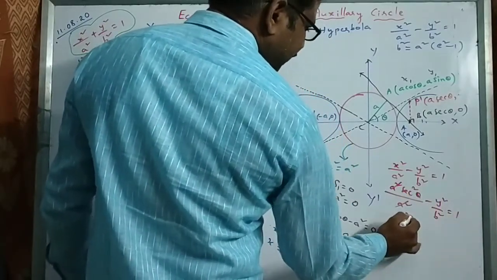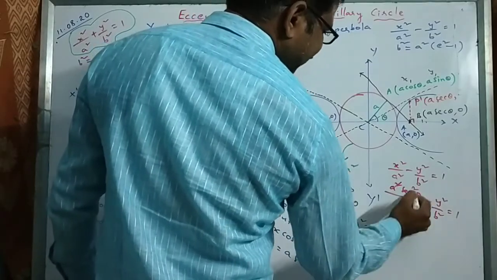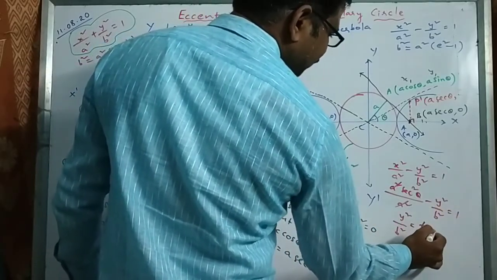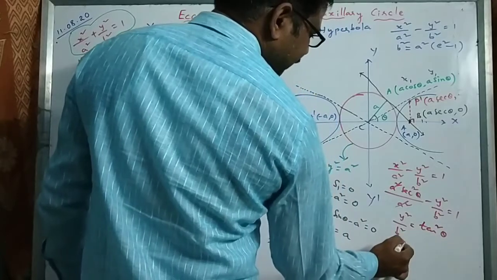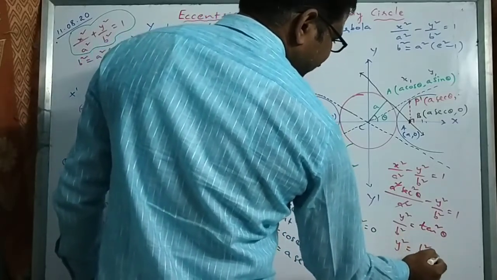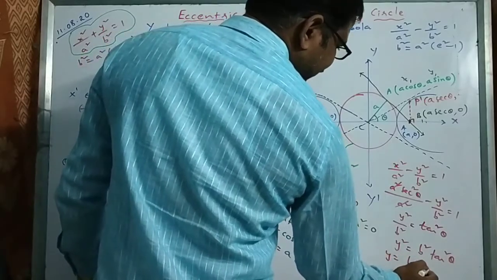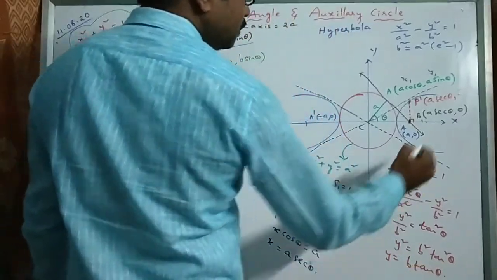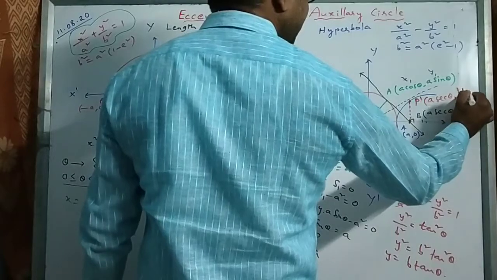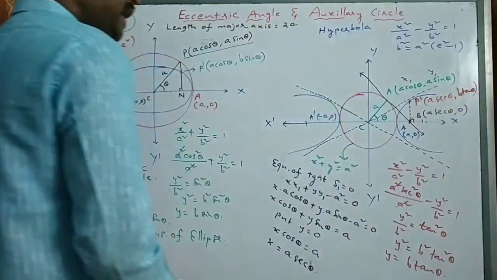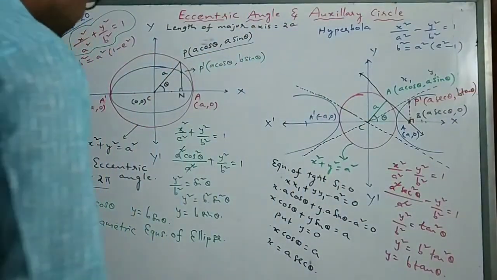So y square by b square equal to secant square theta minus 1, which is tan square theta. So y square equal to b square tan square theta, y equal to b tan theta, right? So y coordinate is b tan theta. So a secant theta comma b tan theta.